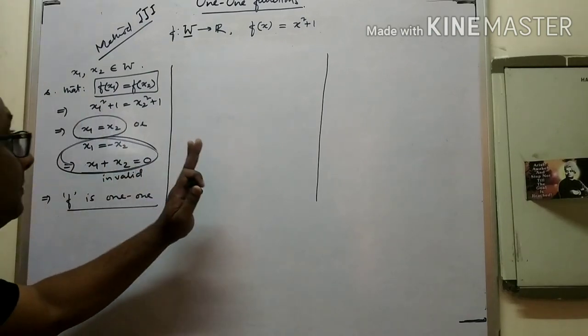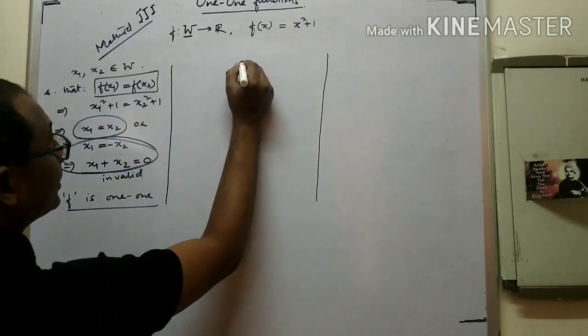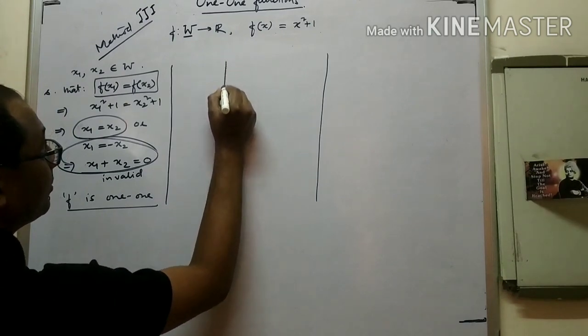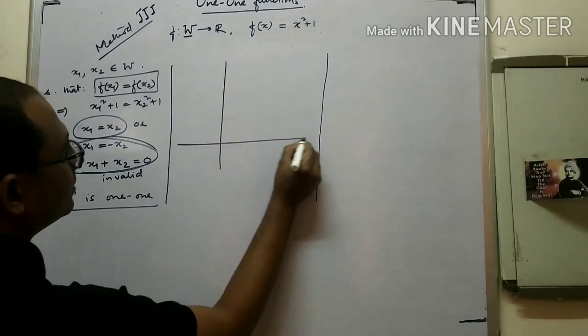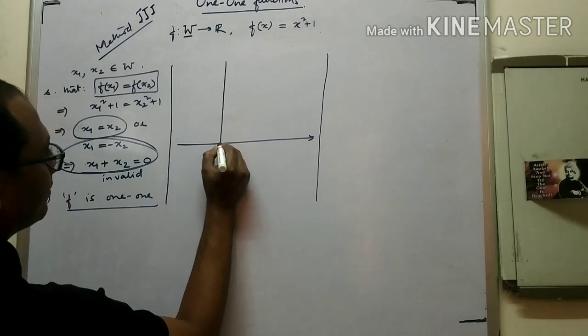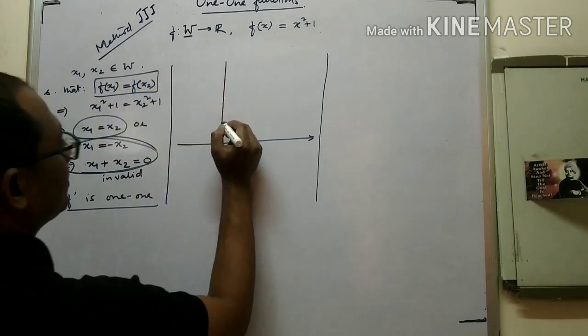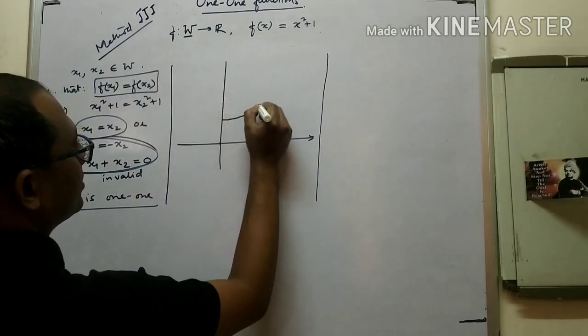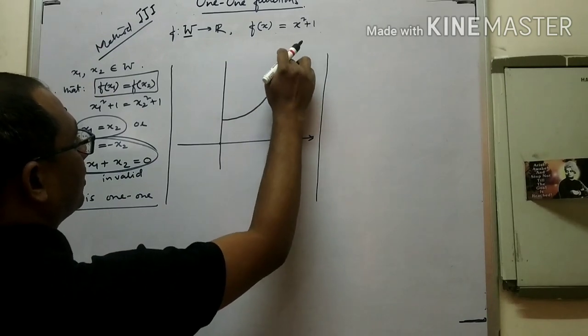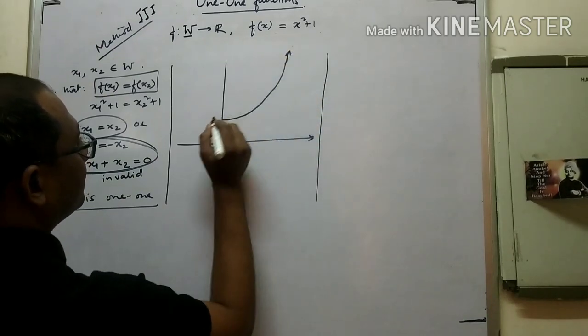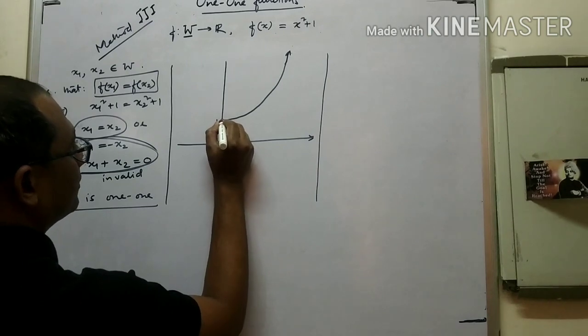And the second method, we'll try to draw the graph. So here the domain is only whole numbers, so we don't record the negative part. X square plus 1, so the same graph will come actually. The negative part will not be there. So the graph will only start from 1.